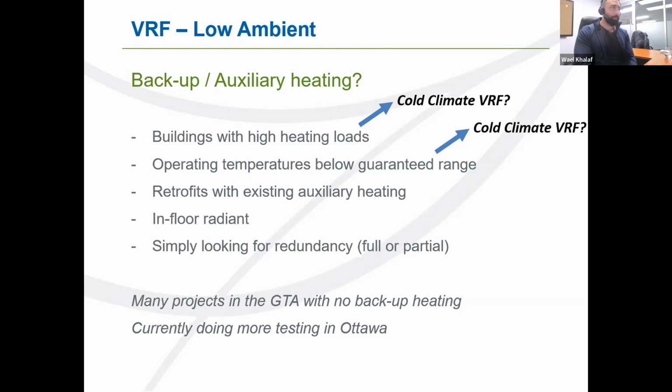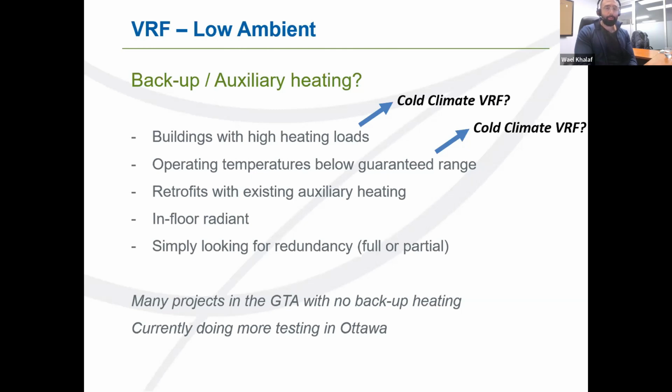So it's really important to consider if my ambient temperature will drop below the temperatures that are safely published in a manufacturer's catalog. We really need to understand how we can tie in auxiliary heating. That could be baseboard heaters at the perimeter, in-floor radiant, or electric heating coils in the ducts, in series with the fan coil that's connected to the VRF system.